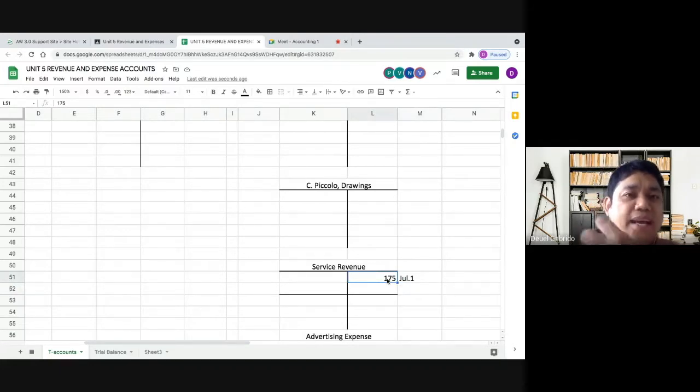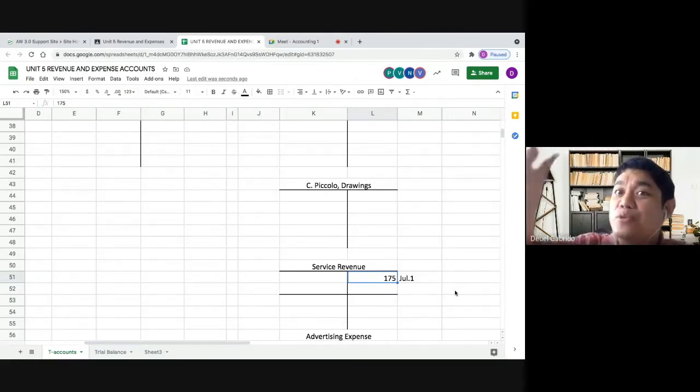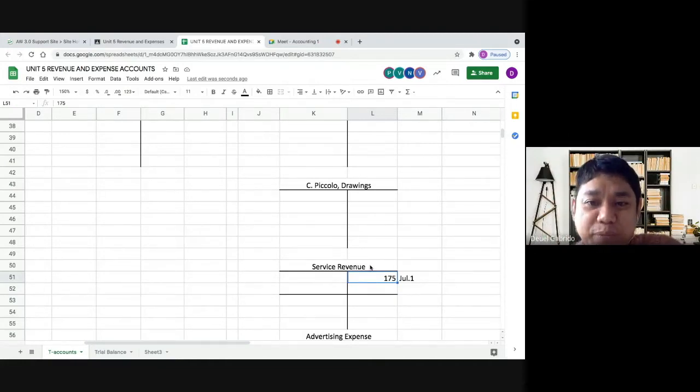When we get the cash, it's like income, but of course, it's not the net income yet, because you know how to calculate the net income, right? We subtract the total expenses from the total revenue before we get the net. So this is part of your revenue.